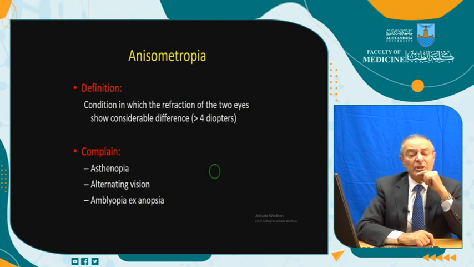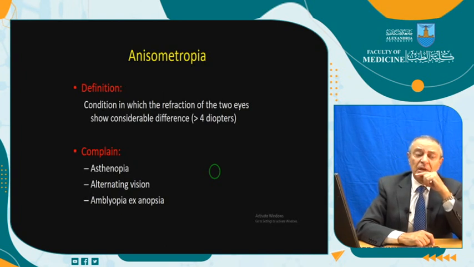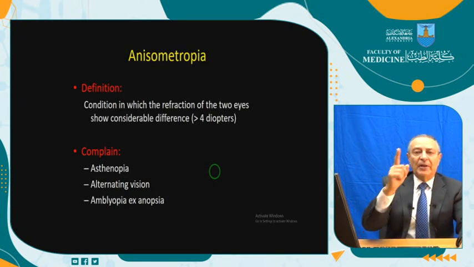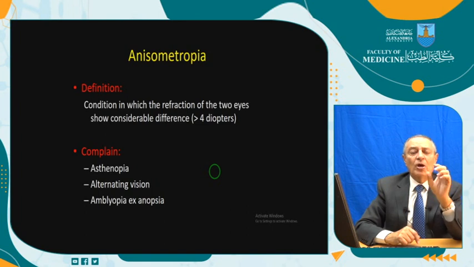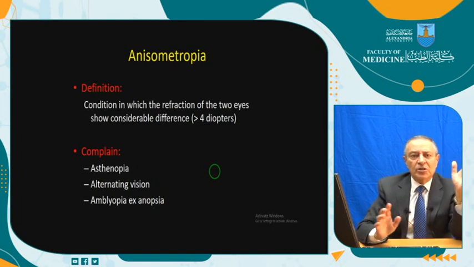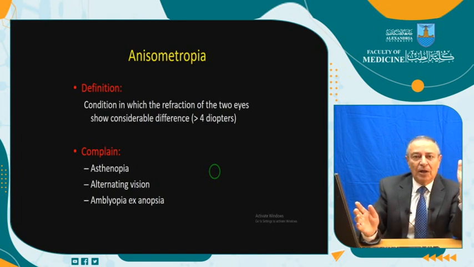What is the issue? If this is happening at a young age, of course, there may be what we call amblyopia, where the brain will depend on one eye and neglect the other eye. Neglecting the other eye during the period of flux from 0 to 5 years of age will end in amblyopia, which is untreatable after that.